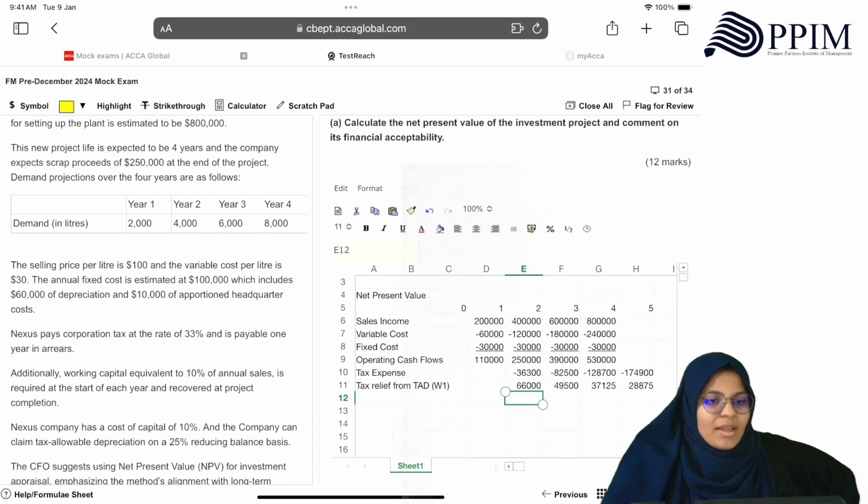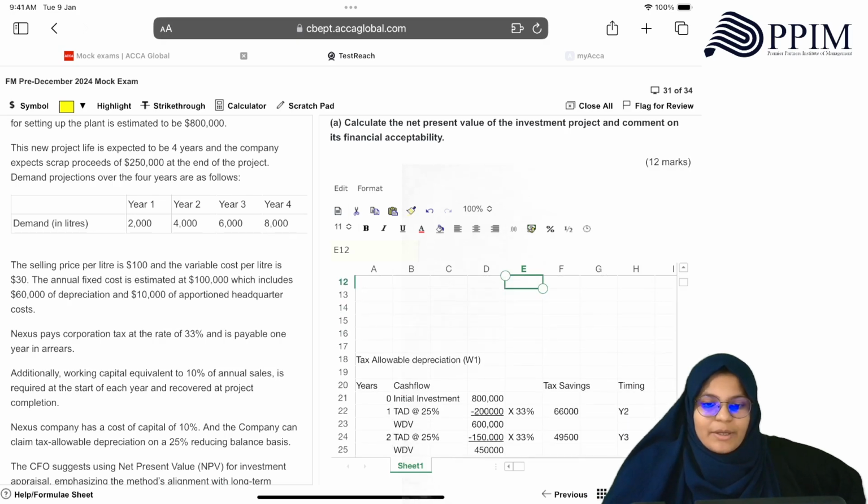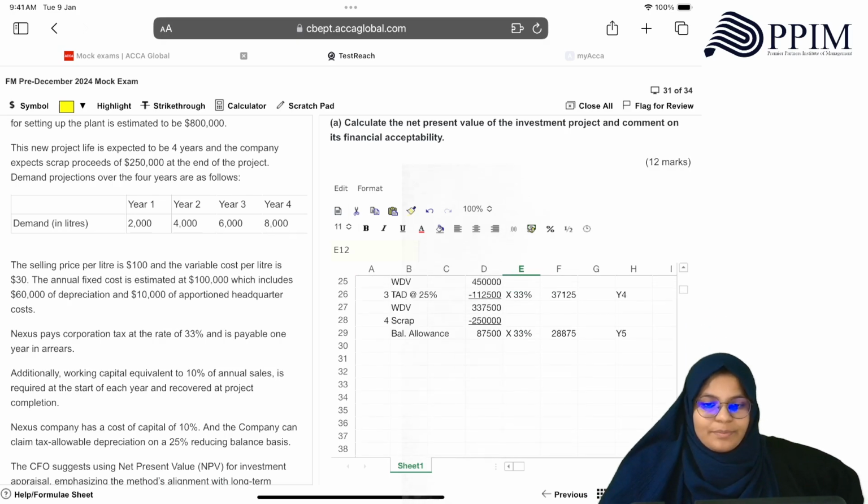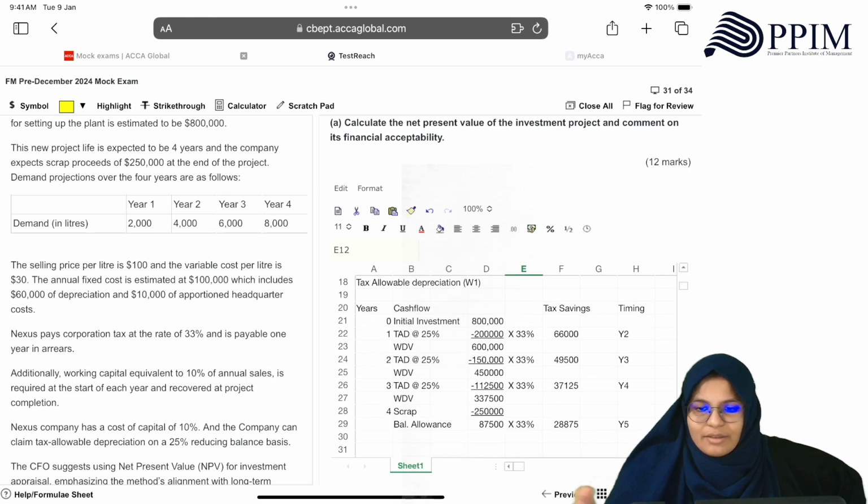Okay, then finally we need to get the working capital cash flows. Okay, so let me do the working for that as well. I'll give you a second. If you want, quickly copy this working down.